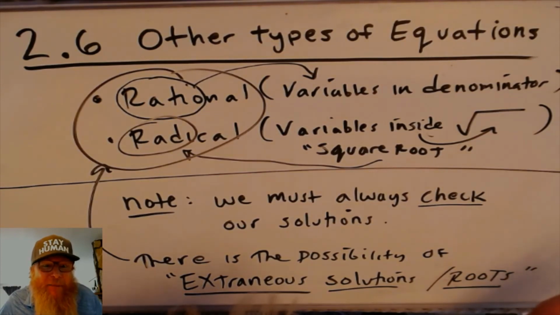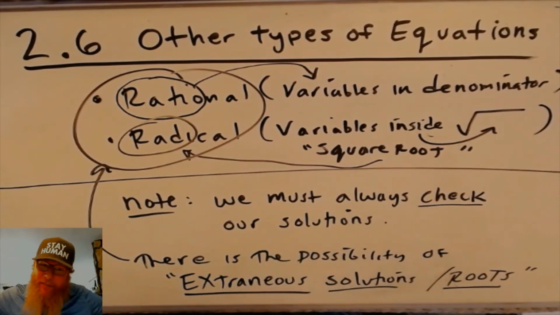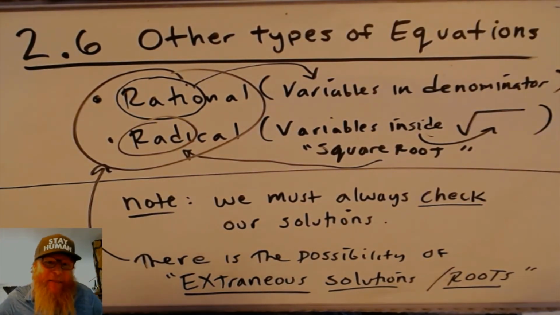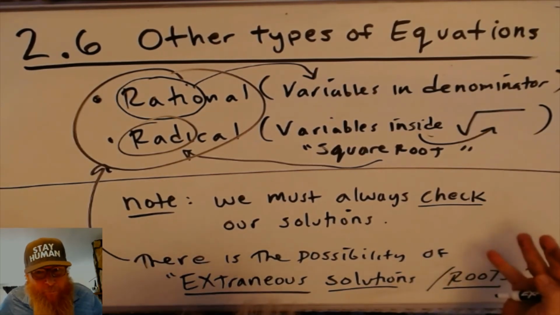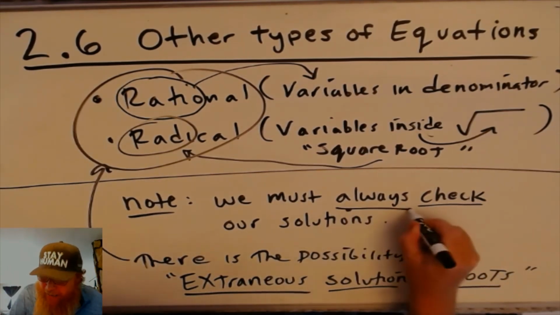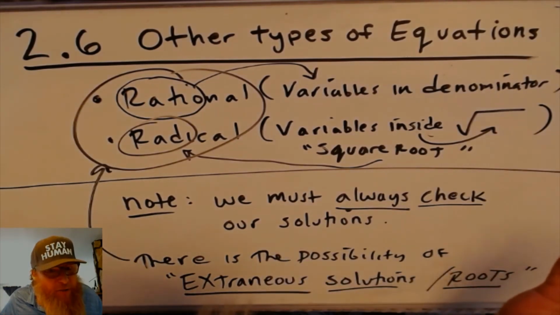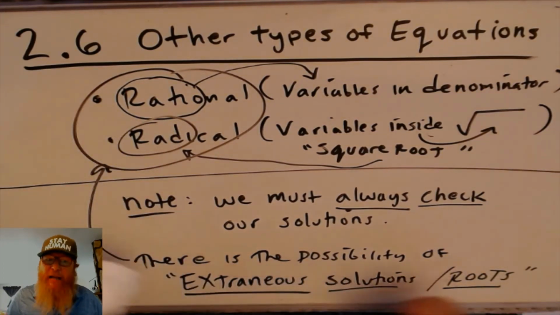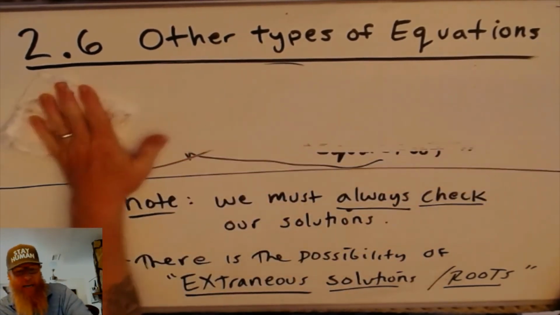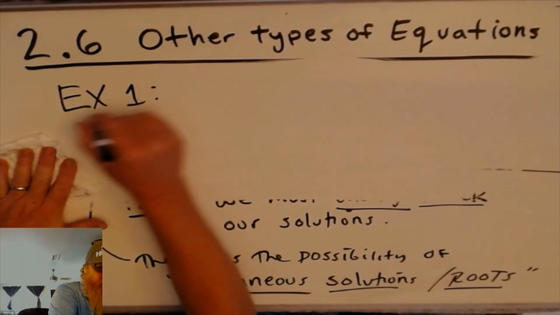How do you like that, right? When you solve rationals and radicals, it opens up the possibility that you could not be at fault, yet your answer is still wrong. And because of that, you have to always check. You never know if your answer is going to be correct unless you actually check your answer. And so this lesson is going to take a little bit longer because I'm going to have to check every solution that I get. Let's go ahead and see one and see how this works.